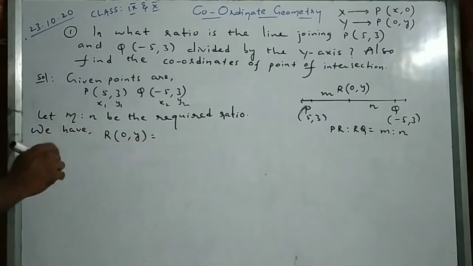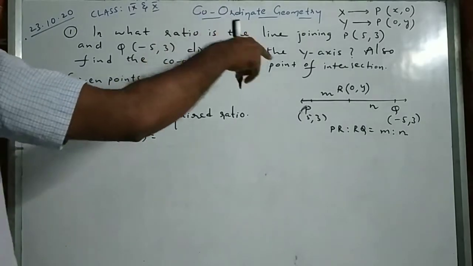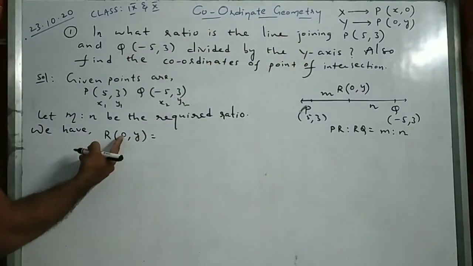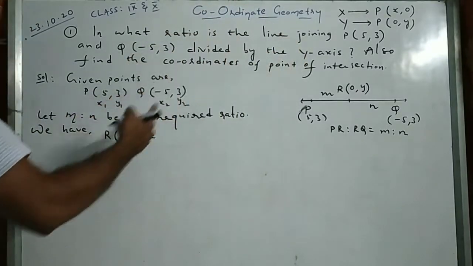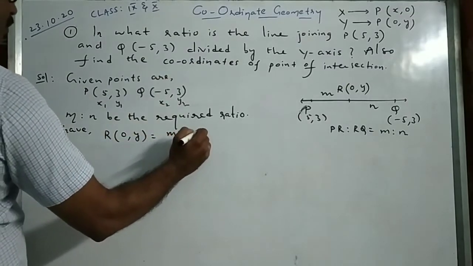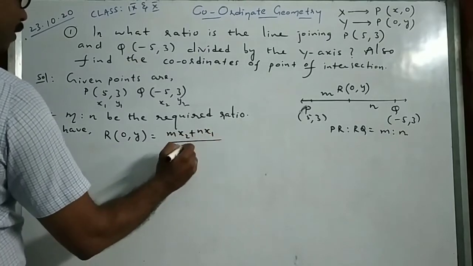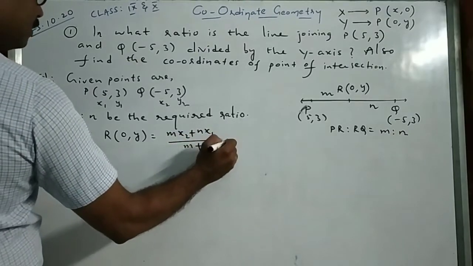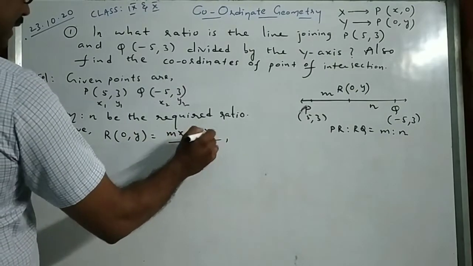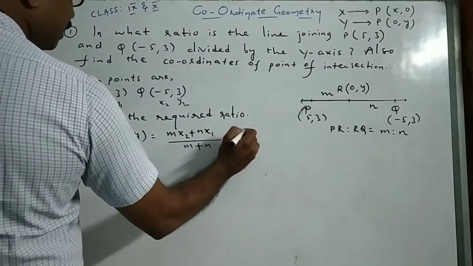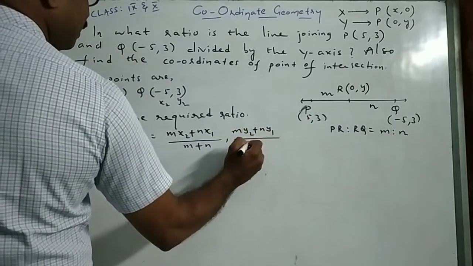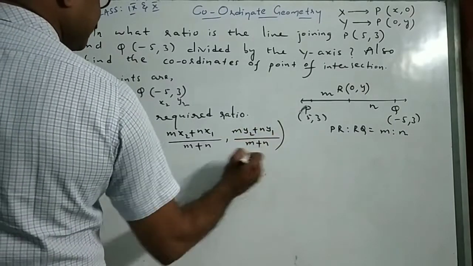It decides your solution now. Whatever is asked in the question, if it is y axis, we should take x as 0. If it is x axis, take y as 0. I'll take mx2 plus nx1 upon m plus n. You must get the formula here: mx2 plus nx1 by m plus n, comma my2 plus ny1 upon m plus n.